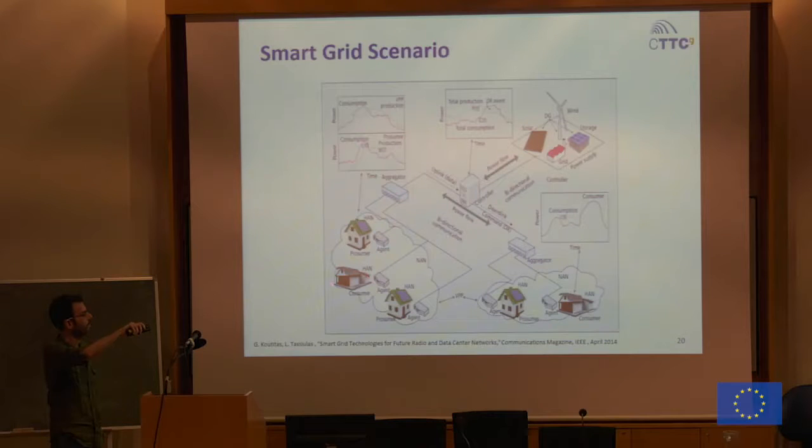This is a simple house, a simple customer, which is not producing energy. And this whole block, this set of houses, is a microgrid. This is another microgrid. These are controlled by this entity here, so they constitute a virtual power plant.